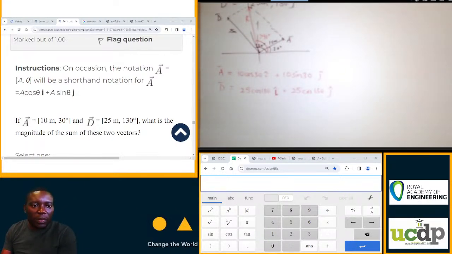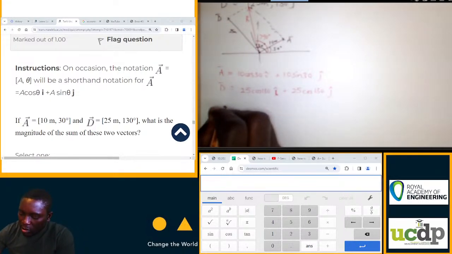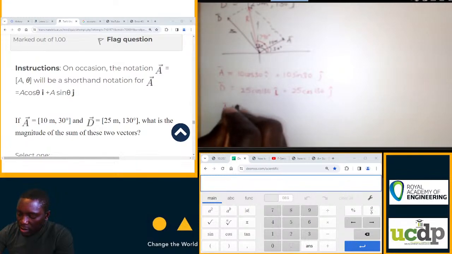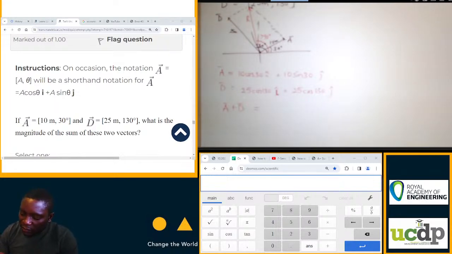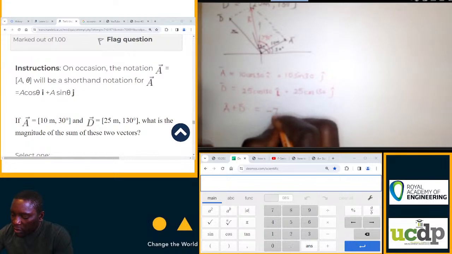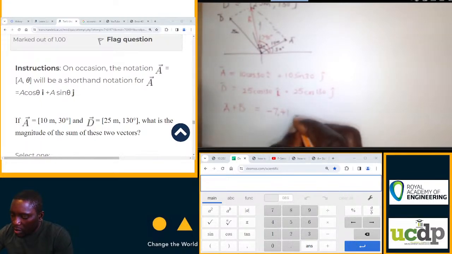So for us to find the magnitude of the sum, we first add A and D. So the sum will be vector A plus vector D, and that will be 10 cos 30 plus 25 cos 130, which is negative 7.41 in the i.